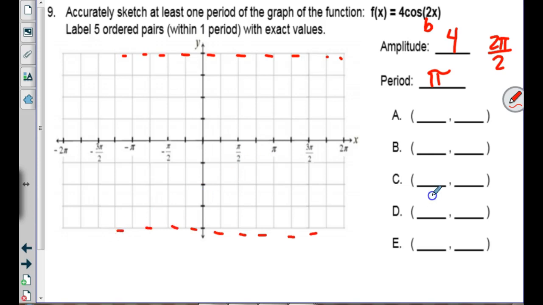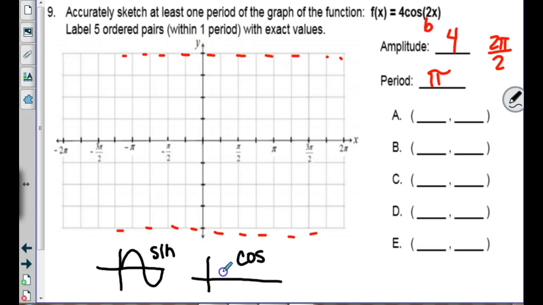-4. Okay, do you remember the difference between cosine and sine? Which one goes through the origin? Okay, sine starts at the origin. And cosine starts where? Okay, it starts at the maximum as long as it's positive, right? So this is a cosine graph, so it's going to start at the maximum. And where is it going to be back at the maximum?